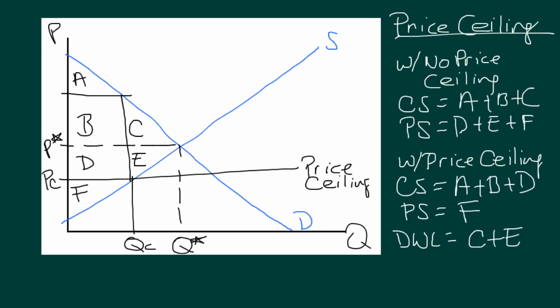So what happens then is they've set the price at this PC level. There's only QC available, but what is that quantity worth to consumers? For that, you come up to the demand curve, and we find that consumers are willing to pay this price when there's only this many available. So there's an incentive to find ways to make it somebody's business to rent to you and not someone else.